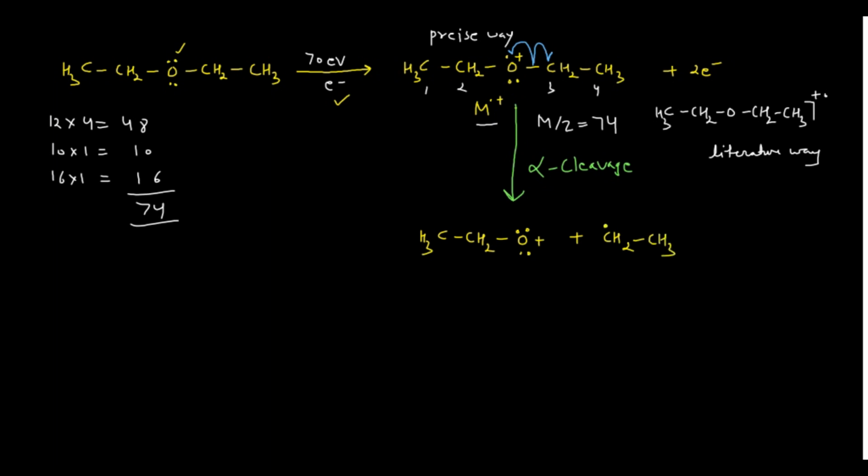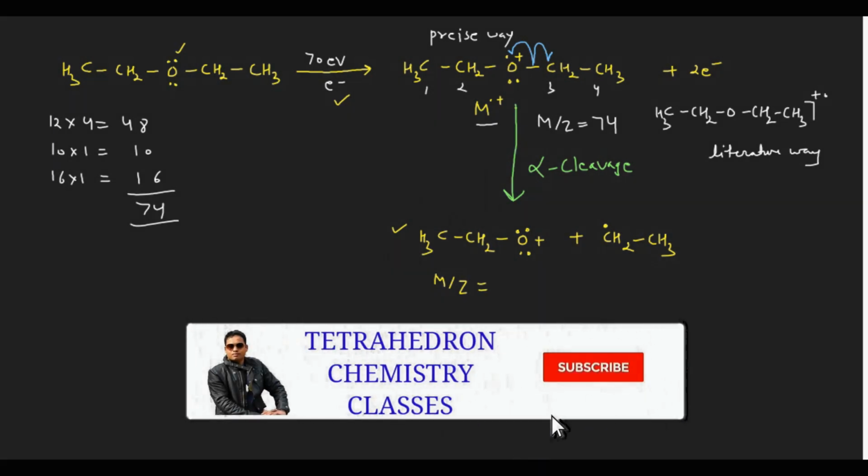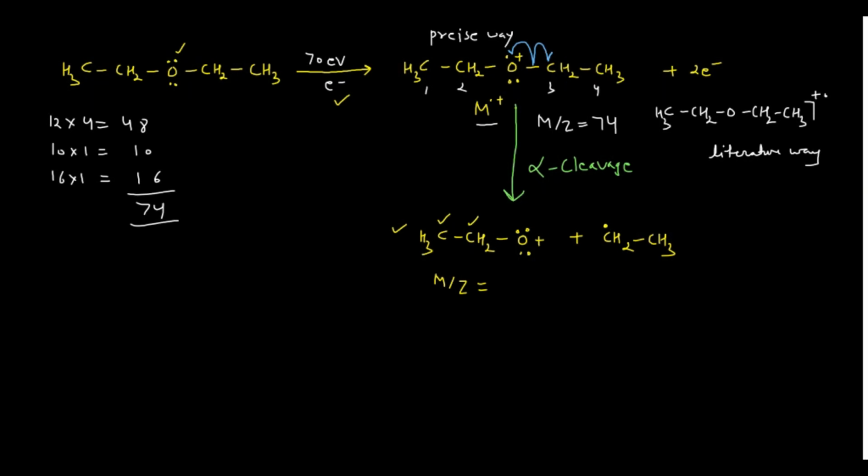Okay, this is another fragment ion, and this fragment ion will have the m by z value of what? 2 carbons. See, this is your ethyl, carbon and carbon, 12 into 2, that is 24. 24 plus 5 is your 29. 29 and 16, if you add 29 and 16, that will give you 45. So this is having the m by z value of 45.